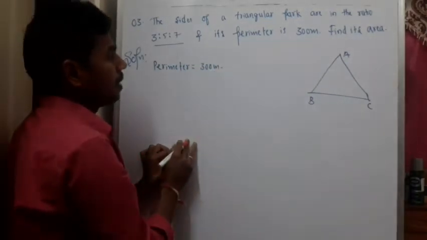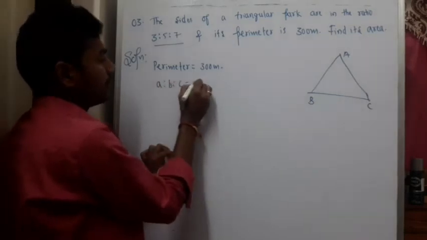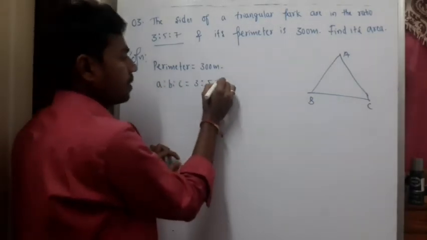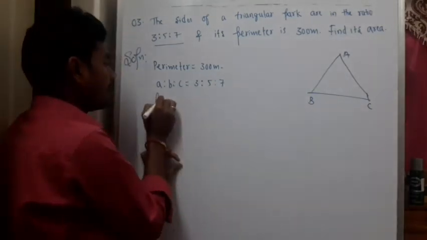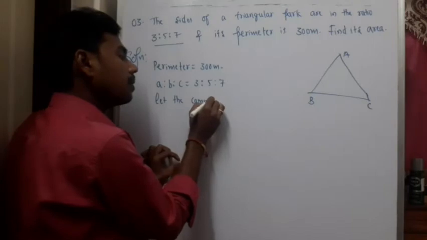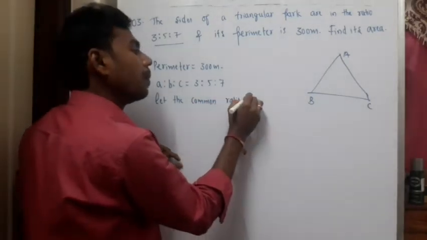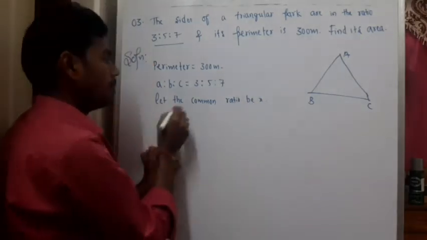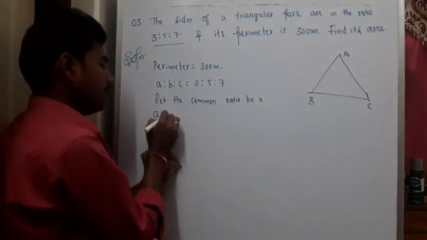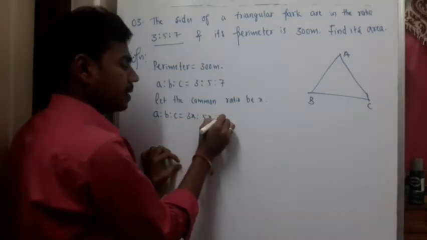Fine. Then they have given the ratio of their sides. A is to B is to C is equal to 3:5:7. So let the common ratio be x. Then it would be a is to b is to c is equal to 3x is to 5x is to 7x.